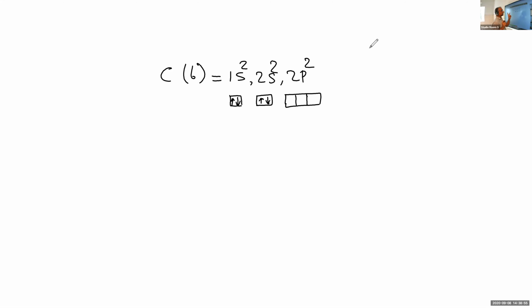And how are these 2 electrons distributed in the orbitals? We have 2 electrons and 3 orbitals. We know an orbital can accommodate a maximum of 2 electrons.